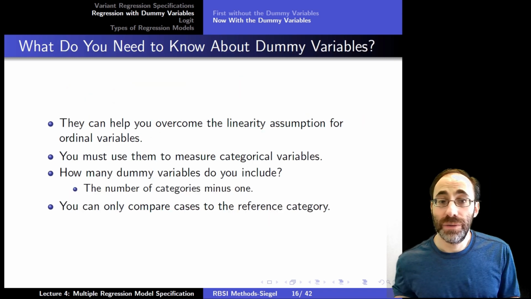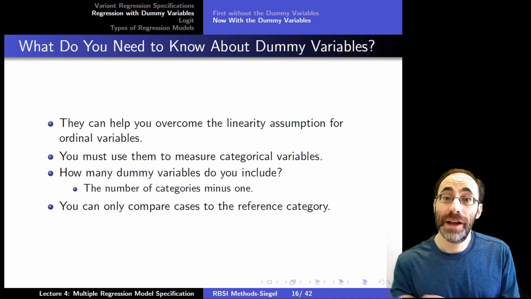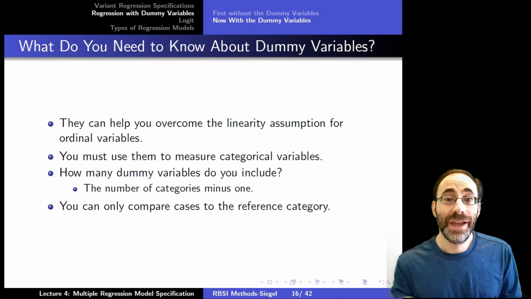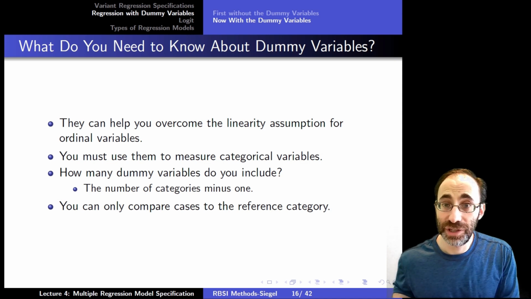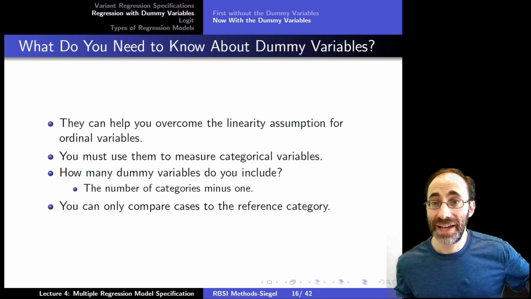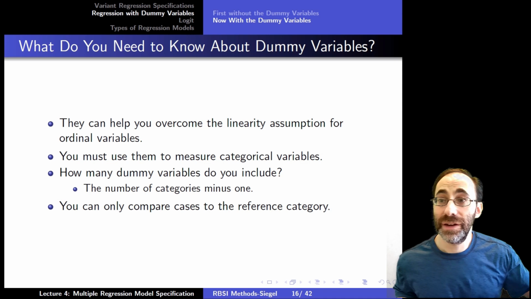Okay. So how does this help us? It helps us overcome the linearity assumption implicit in ordinal variables. If you have an ordinal variable in regression, there's an implicit assumption that moving from one unit to another unit within that ordinal variable has the exact same effect on the dependent variable y. If you believe that, great.